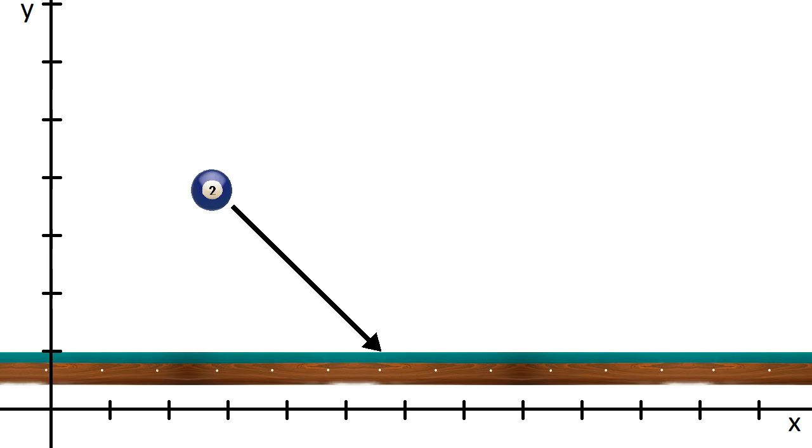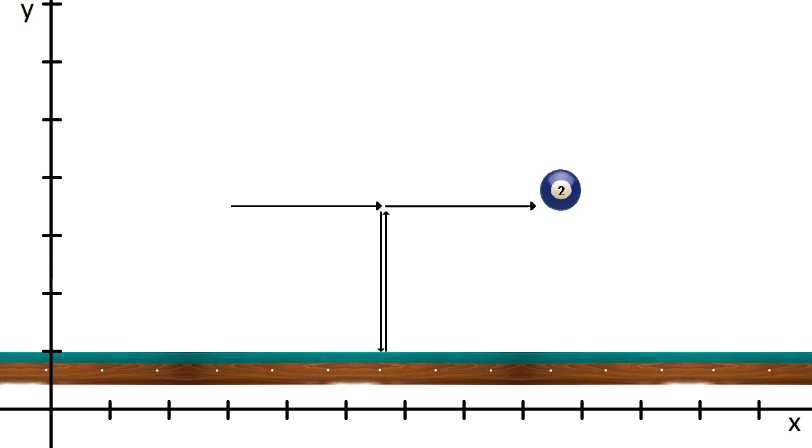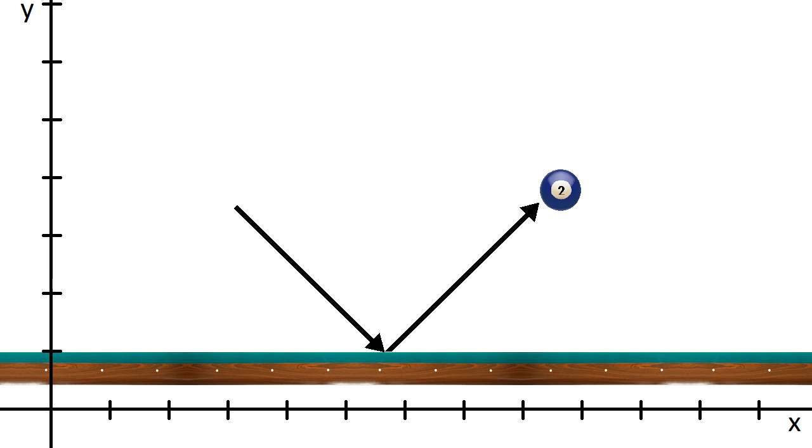Now, let's put all of this together. Let's take the initial vector, which represents the ball approaching the wall at a constant velocity. Let us break that vector up into its component vectors. After 2 units of time have elapsed, let us return the component vectors back to their true trajectory vectors and observe the results. We see 4 very interesting things here.